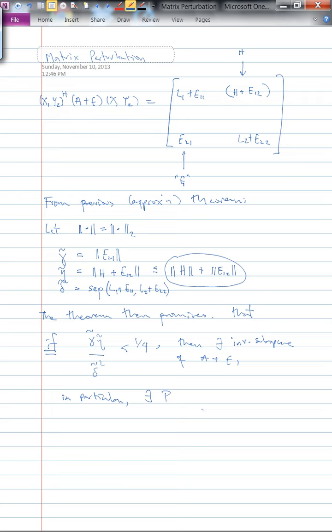And moreover, that P had a bound on its norm, in this case its operator norm, less than twice gamma tilde over delta tilde.